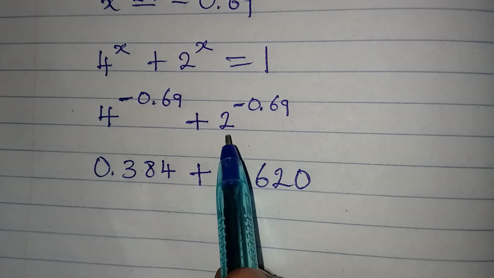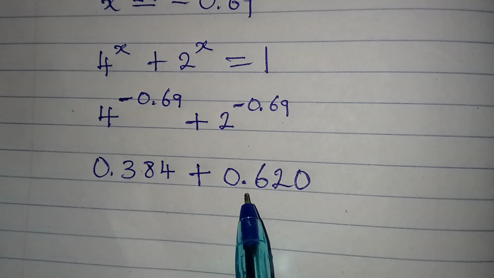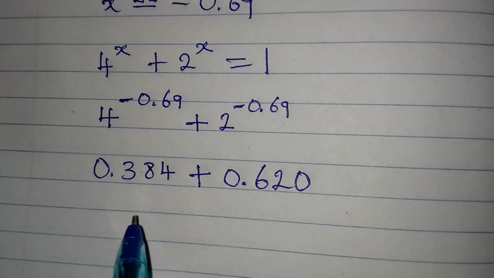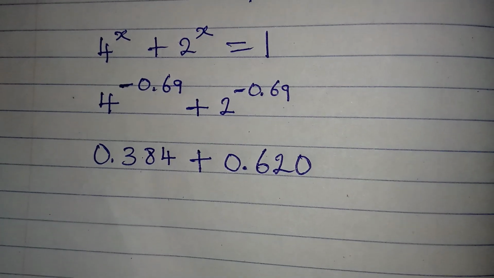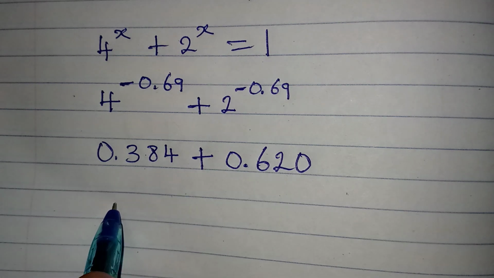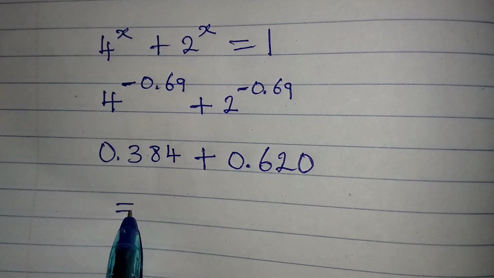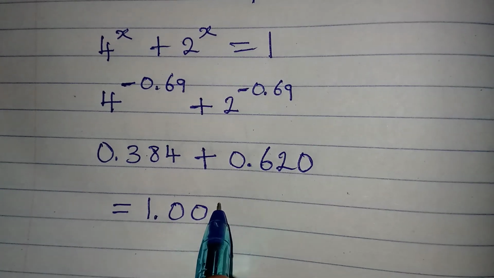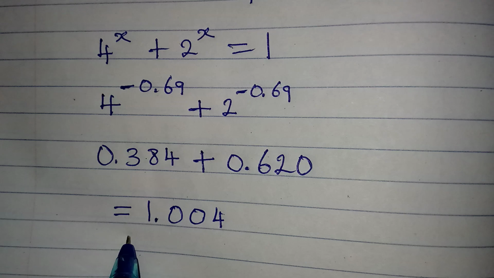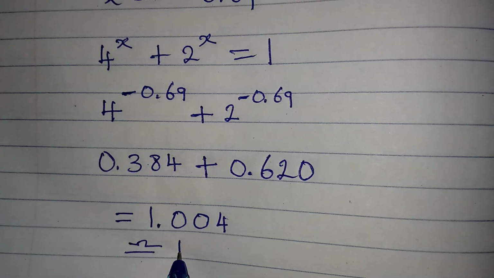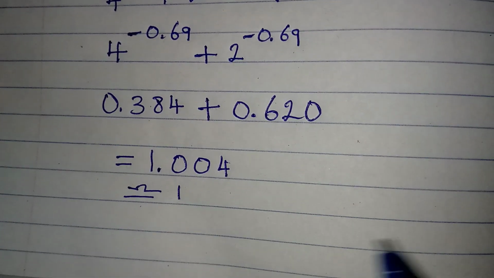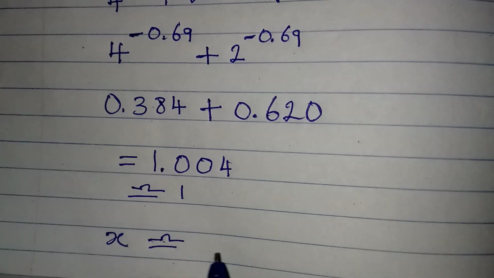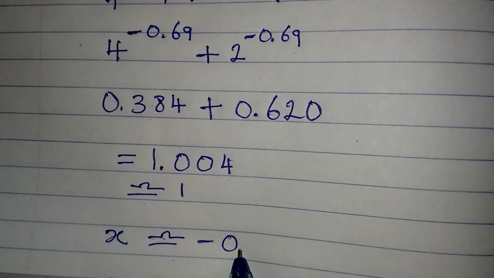Then 2 to the power of negative 0.69 is giving us 0.620 approximately. Now if we put these two together, we are going to have 1.004, and this is approximately equal to 1. So this means that we are correct to say that x is approximately negative 0.69.